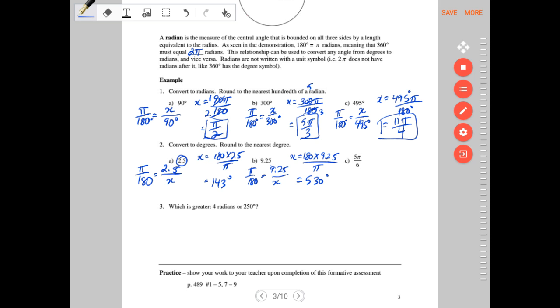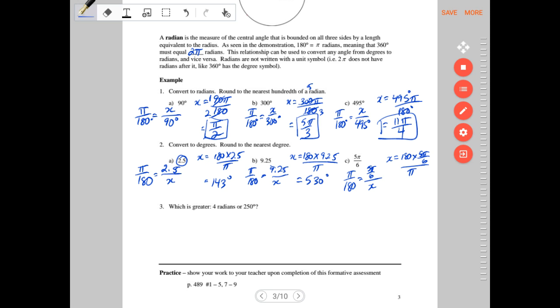Okay? Good. Last but not least, part C. So start again. Pi is 180. Now again, 5 pi over 6 is radians, so that should go with the other pi, all over x. So x is going to equal 180 times 5 pi over 6 divided by pi.